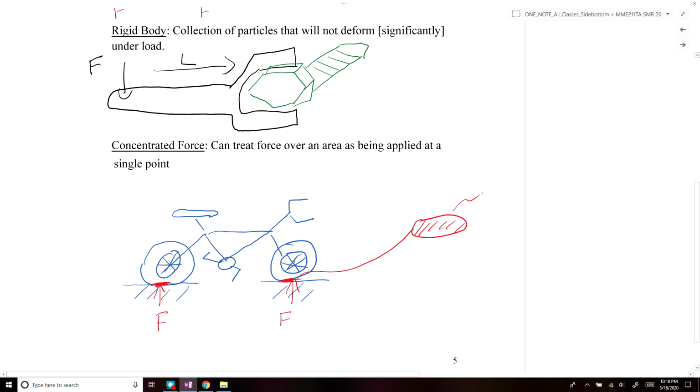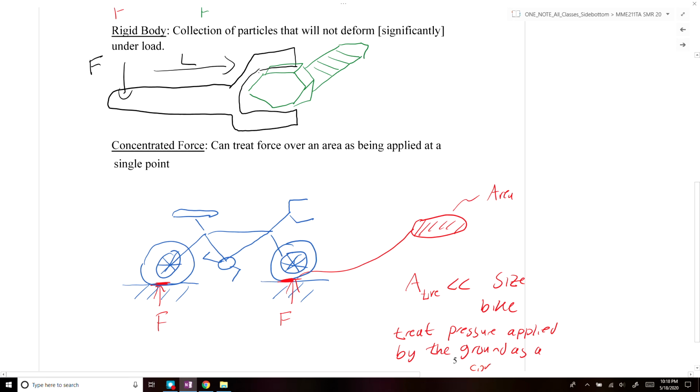Since this area is very, very small compared to the overall dimensions of the bike, we can treat the pressure applied by the ground as a concentrated force.